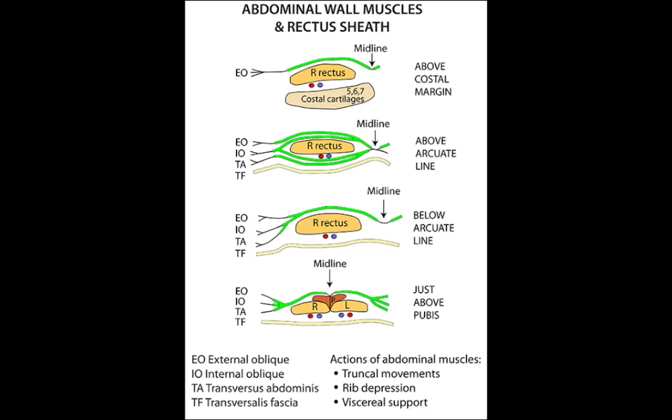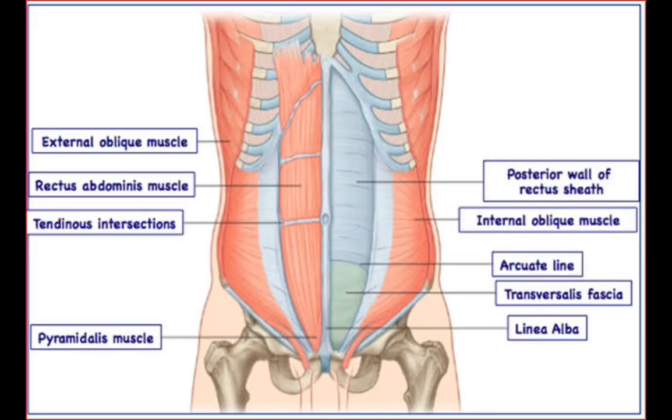Here one important point which you need to know is that the lower end of this posterior wall presents a free margin, which is known as the arcuate line.